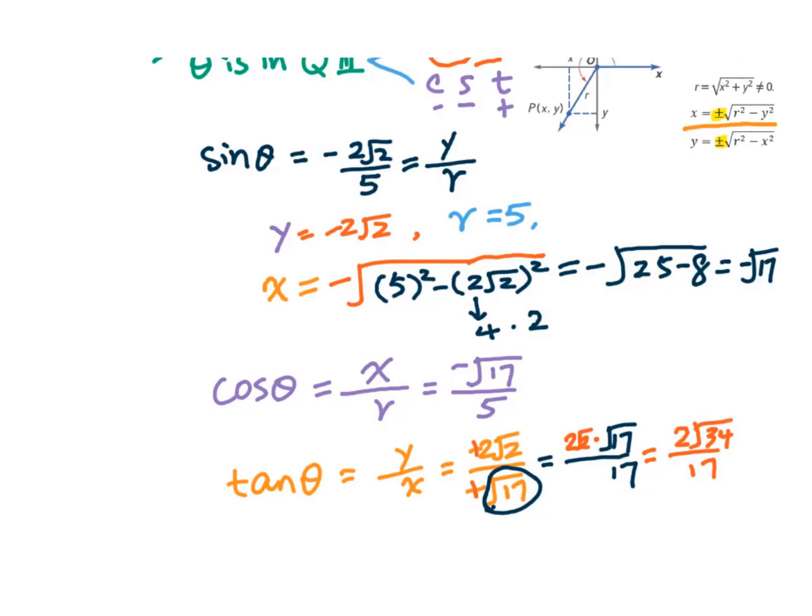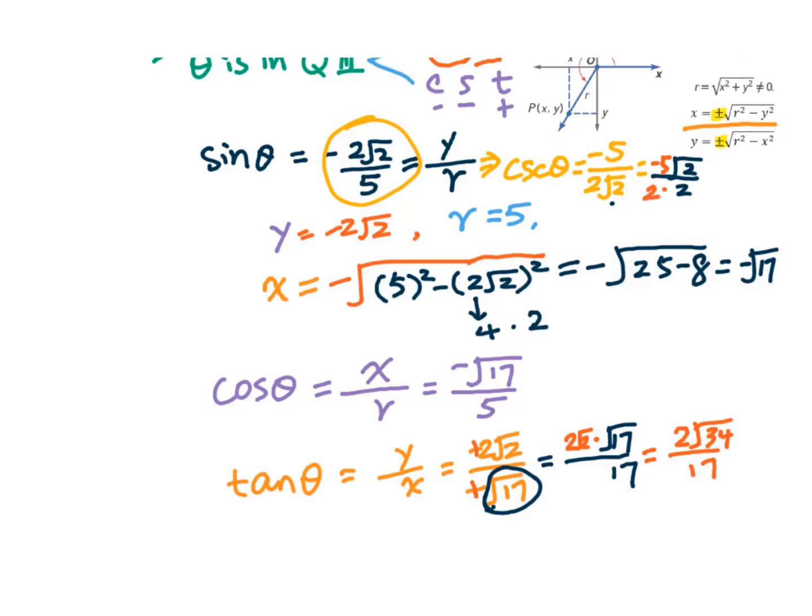After you get all the major trig functions, we can get the minor ones by flipping the major trig functions. So for cosecant theta, flip this and you get negative 5 over 2 square root of 2. With square root of 2 as the denominator, I can multiply by square root of 2 over 2, then carry on with the negative 5 and the 2.